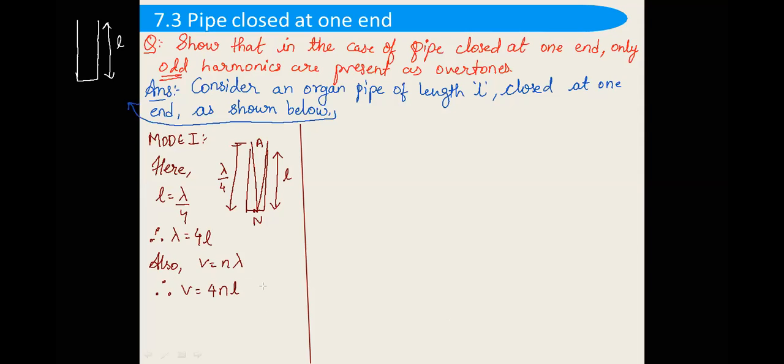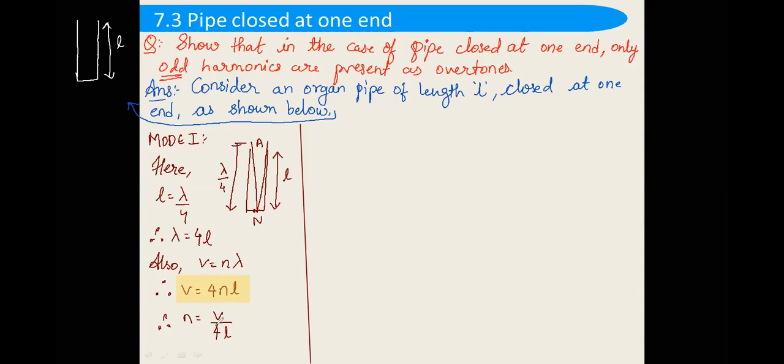So this is a very important thing that you should notice. The velocity of sound wave inside a pipe which is closed at one end is equal to 4nL. Okay, 4nL. So what is the value of n then? n is equal to V divided by 4L. Earlier, at both open ends, we got V by 2L.